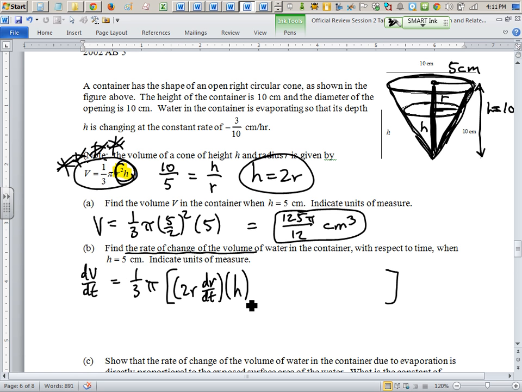Times the h, plus, and now we need dh/dt times r squared. So this is the same product slash chain rule we were doing back on the previous page, right? How many variables do I have now?